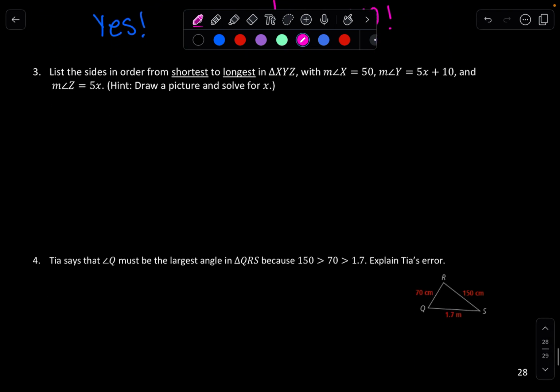Number three goes into the video that you watched on the last page. It's asking you to list the sides in order from the shortest to the longest side. If I draw this out, here's my picture, X, Y, and Z. It's saying that angle X has a measurement of 50 degrees, and then it's saying angle Y is 5x plus 10.